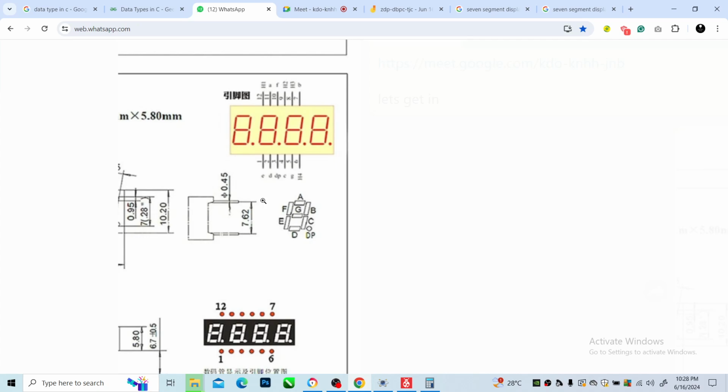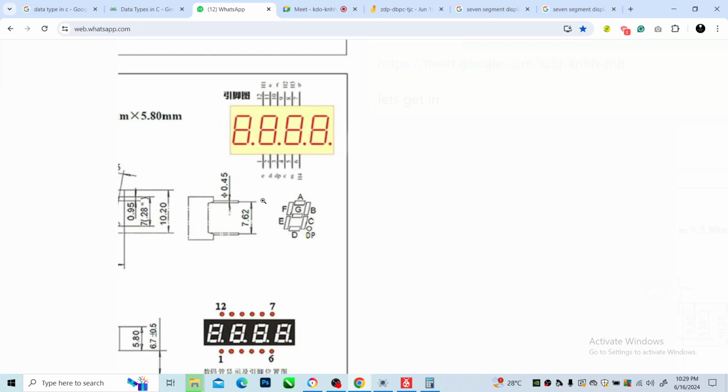So with this now, I have all my segments connected. So the question is, what are H1, H2, H3, and H4? Now the answer is, H1 is the common negative for this first one. Did you get it now? H2 is the common negative for this second one.